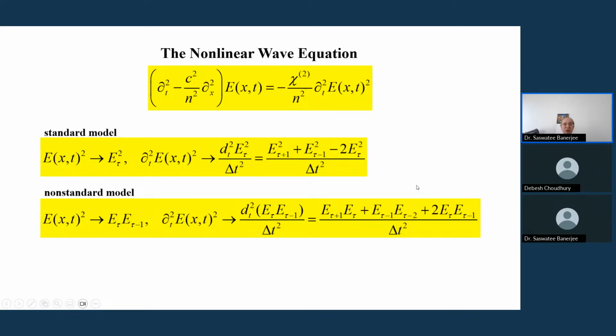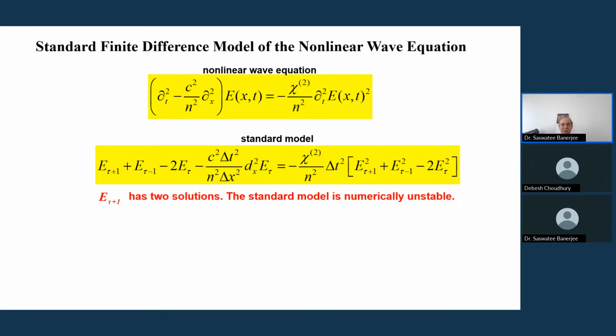This is where the non-standard model uses a slightly different procedure from the ordinary FDTD, but it's very, very similar. So it runs on the same kind of computer. It won't take a lot more. It actually will take fewer time steps, and better than that, it's actually much more accurate.